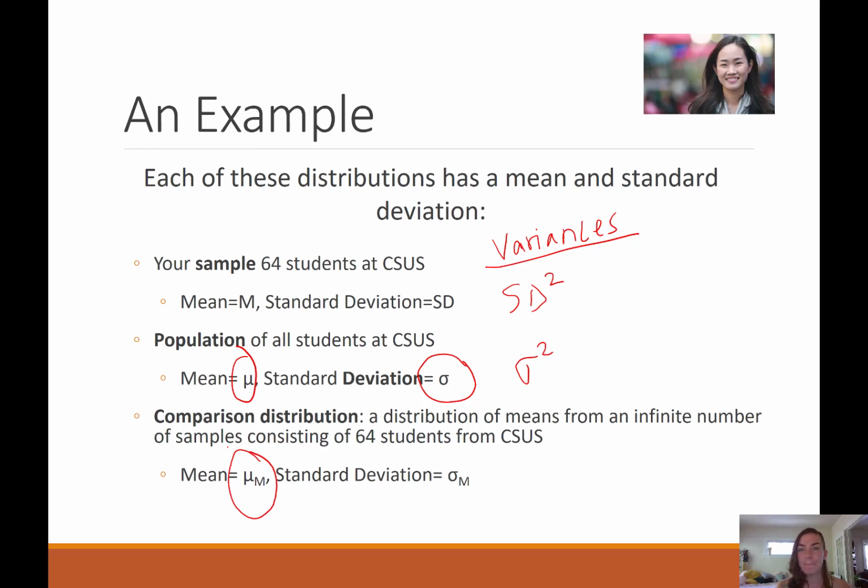And then similarly, sigma sub m will be the notation we will use for the standard deviation of the distribution of means. So notice the things here to pay attention to are the different notation that we'll be using for these three different distributions. So M is different from mu, is different from mu sub m, right? And noticing the difference between those things will be really important.